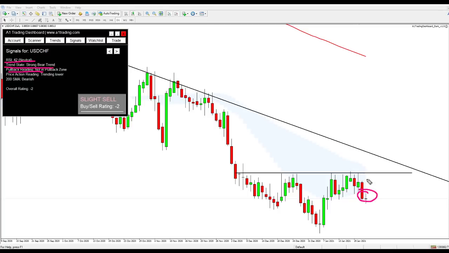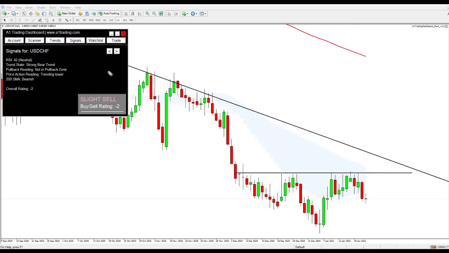So maybe the sell would have been stronger up in this area, because that would have been a +1 on the reading. And then price action reading: trending lower overall. That's just looking at the overall price action over the recent 200 bars, or maybe 100 bars or so. And the 200 SMA is bearish, of course. So we've got a general sell reading.